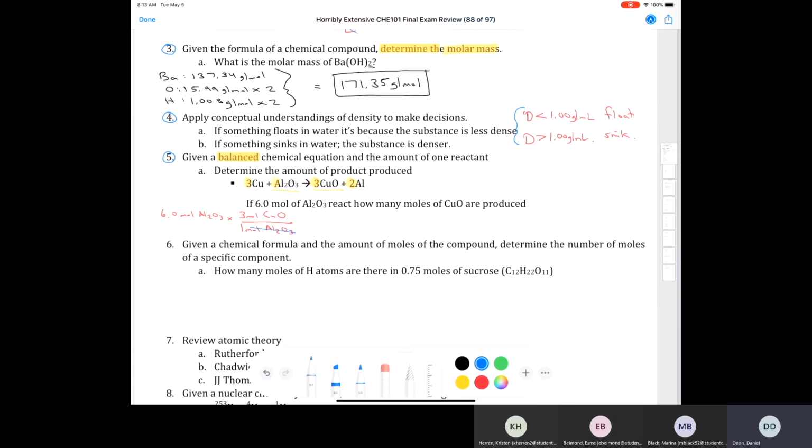You can see that moles of aluminum oxide cancel, and I think everybody can multiply 6 times 3 in their head, and you end up with 18 moles of copper 2 oxide. So the take-home message from this question is knowing how to use a balanced equation to make a conversion factor.